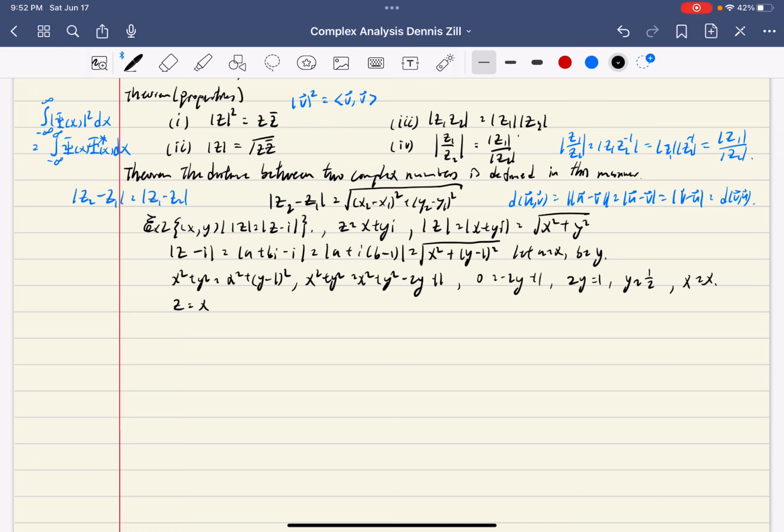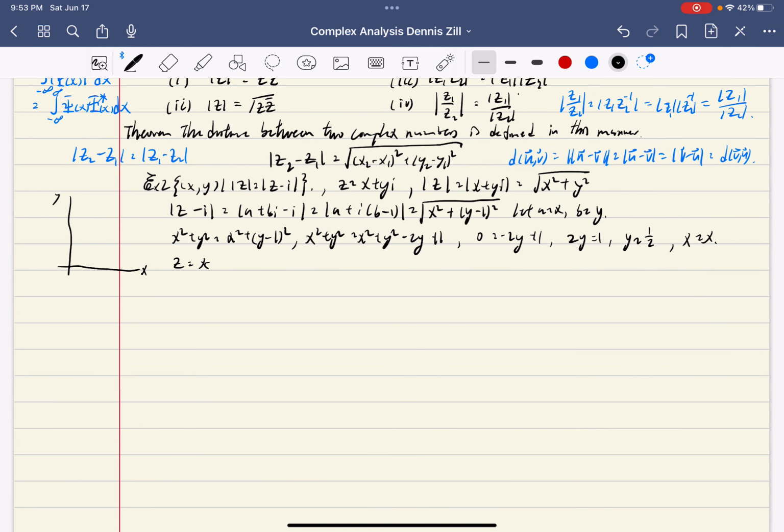It can be any number, really. So you have x, which can be any number, and y is 1/2, so x plus 1/2 i. This is 1/2, this is the imaginary axis, this is the real axis. It's really every point along this line.